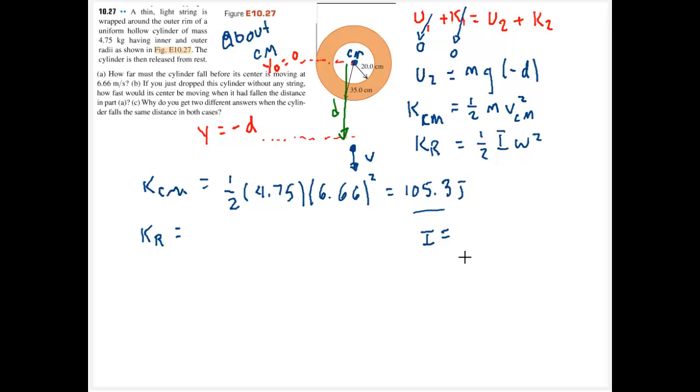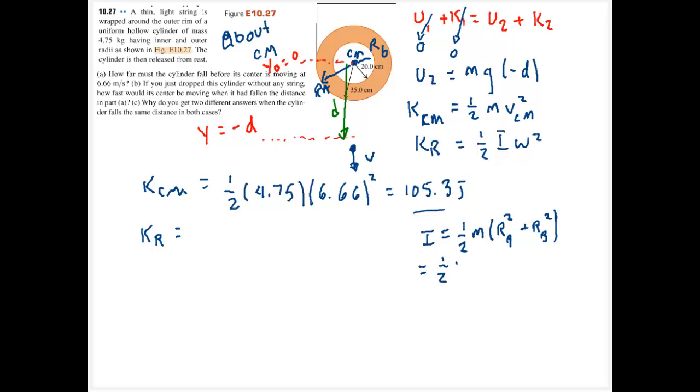I for a disk with two radii, or an open hole disk I should say, is going to be 1/2 mass of the disk, times the sum of the radii squared, r_a squared plus r_b squared. Here I'll say that the outer radius is radius A, the inner radius is radius B. So I can go ahead and calculate this out now.